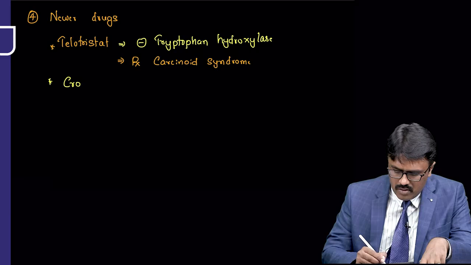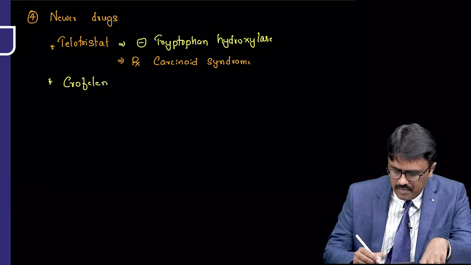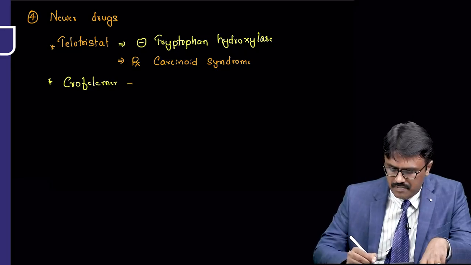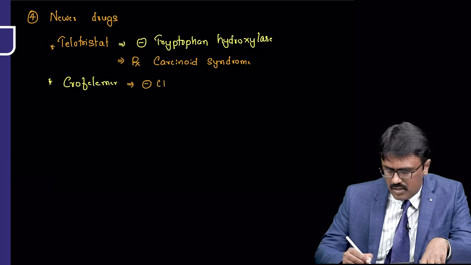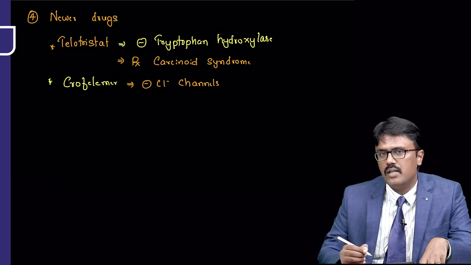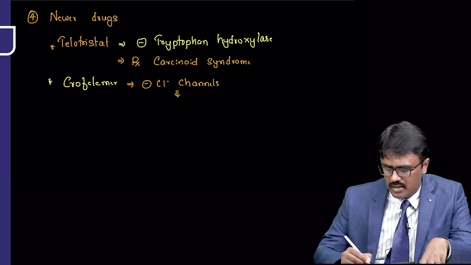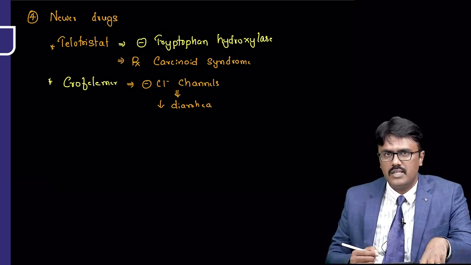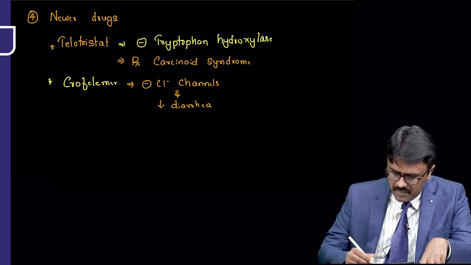One more drug is called crofelemer. Crofelemer inhibits particularly the chloride channels. By blocking the chloride channel, the drug decreases diarrhea. So where do you use it?